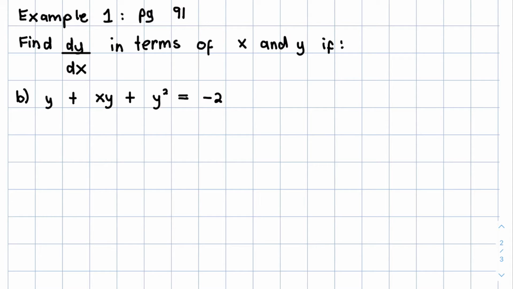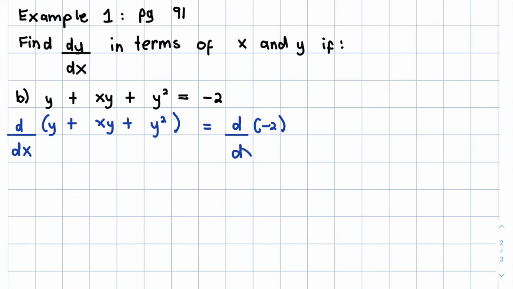Right? Now, first thing first, write down: differentiate the whole equation y + xy + y squared with respect to x, and on the right-hand side, differentiate negative 2 with respect to x. Okay, now you can separate it by term, or you can just straight away do the differentiation.